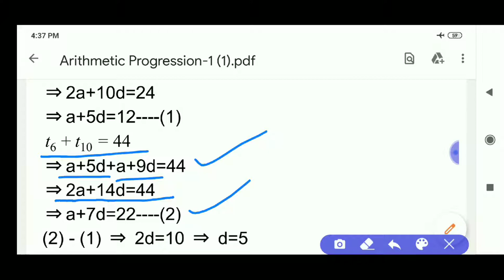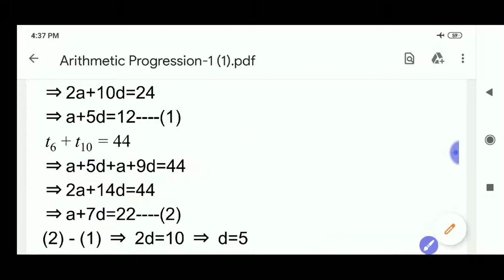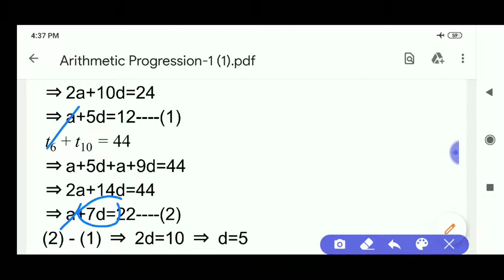Now as usual, second equation minus first equation. A will be cancelled. 7D minus 5D is equal to 22 minus 12. That is 2D is equal to 10. That means D is 5. That's all.